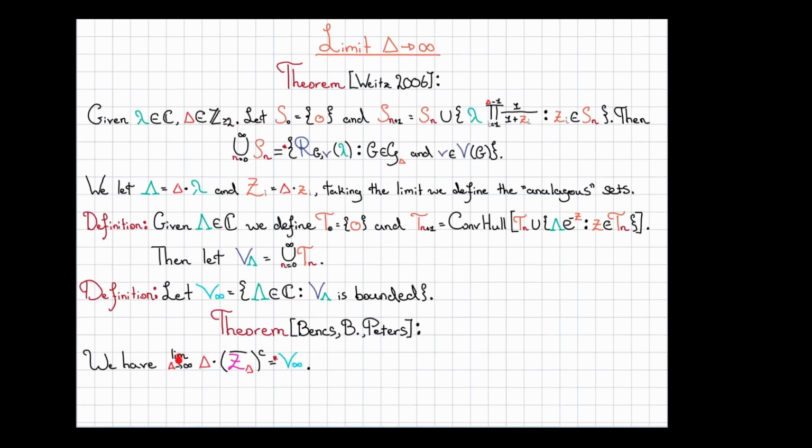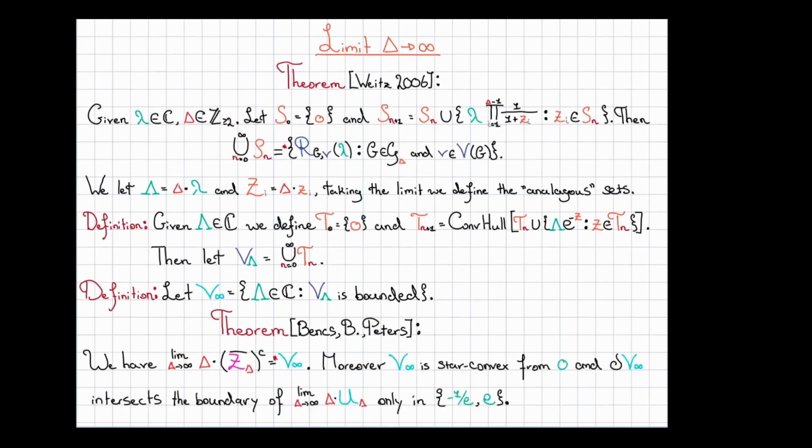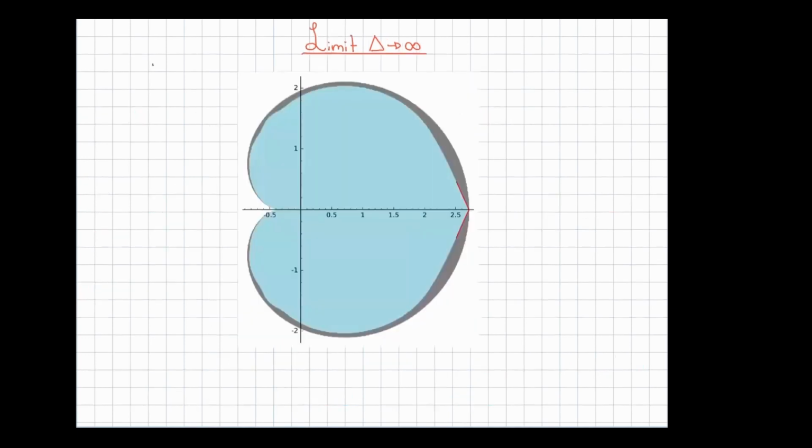And this limit is in Hausdorff distance of sets. This allows us to prove, for example, that as we saw, the region is star convex from 0, and its boundary intersects the infinite degree cardioid only at -1 divided by e and at e. So this is again the picture, star convex from 0, and it doesn't intersect the boundary except at the real parameters.